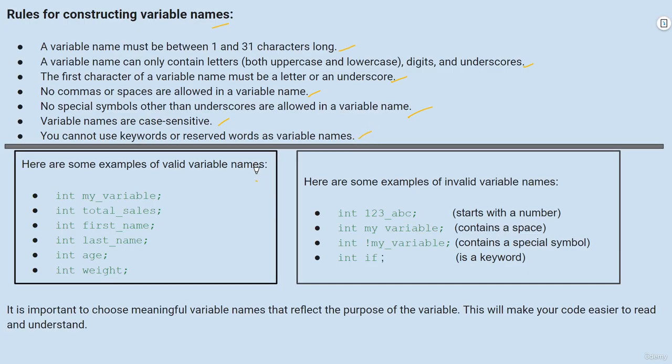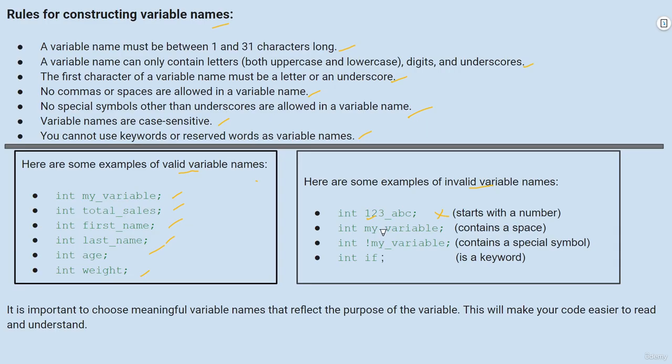So here are some examples of valid variable names: int my_variable, int total_sales, first_name, last_name, int age, int weight. Here are some examples of invalid variable names. Here it is int 123ABC, as it starts with a number, so it is an invalid variable name.